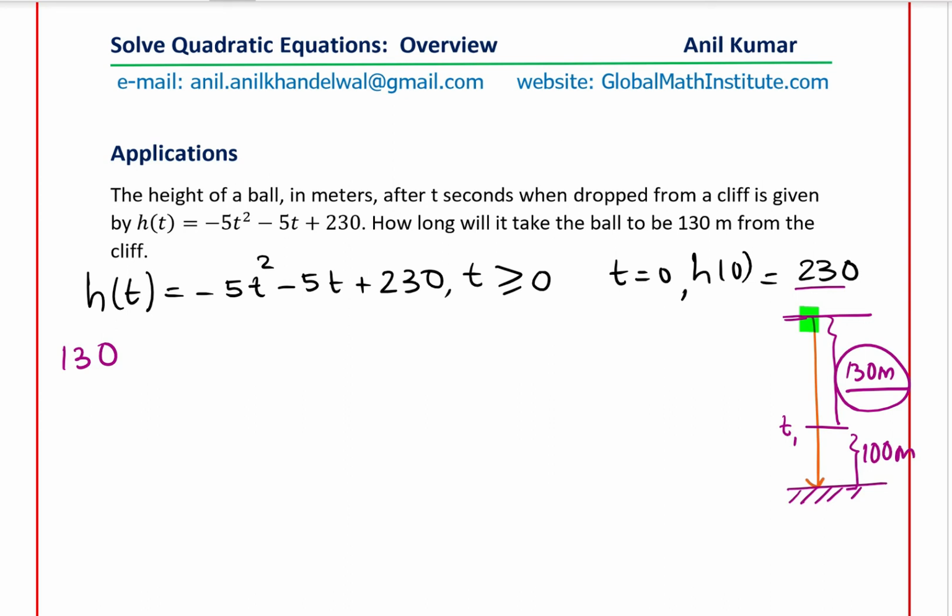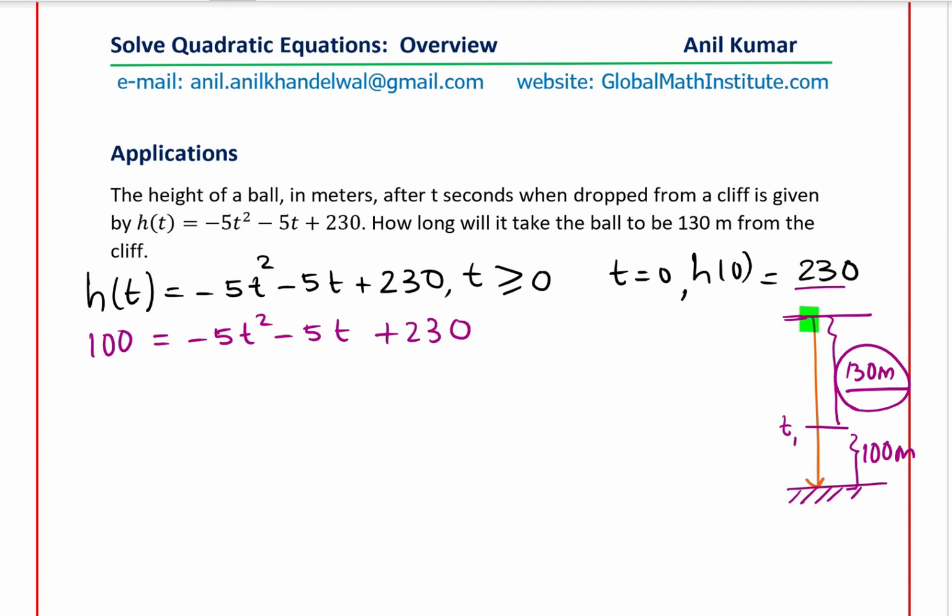Perfect. So in this particular case, the height is going to be 100 meters. So we'll write here 100 equals minus 5t square minus 5t plus 230. Does that make sense to you?